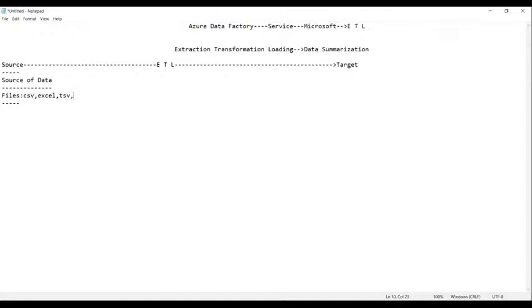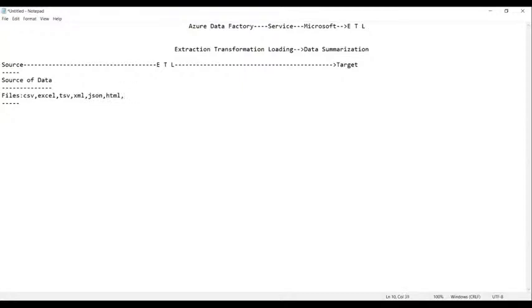XML file, it is extensible markup language. We can also have JSON files, and then HTML files.